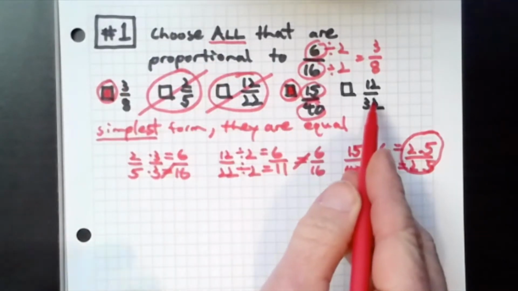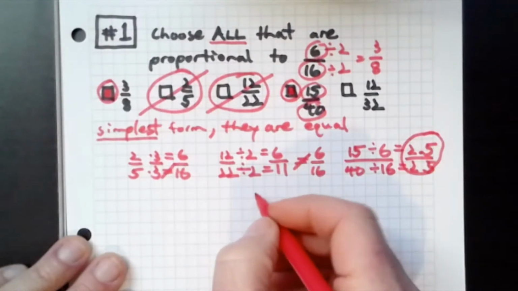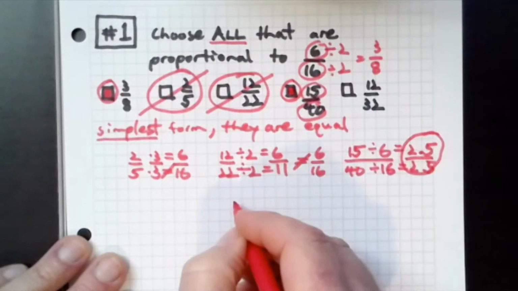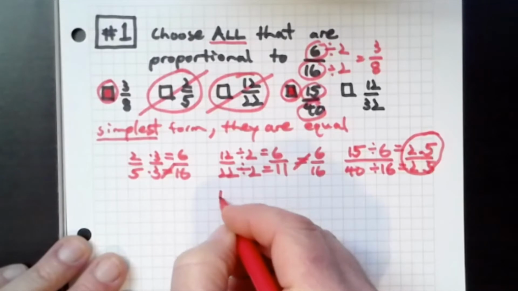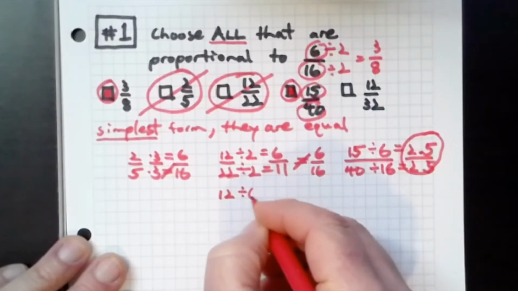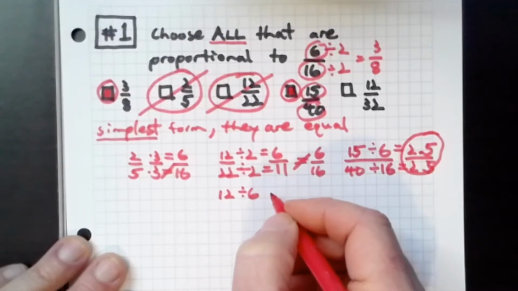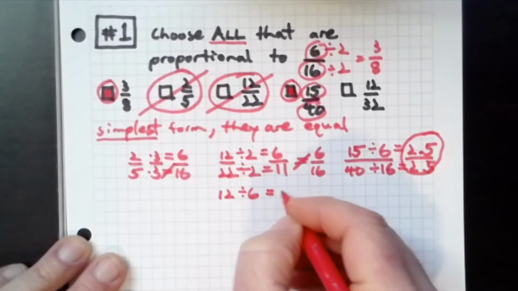Let's check this one out. Do you see this relationship right away? If I start with the larger one, like we did up here, and use the numerators as a division problem, we could also use it as a multiplication. In this case, I get 2.